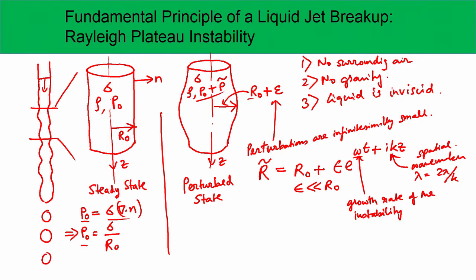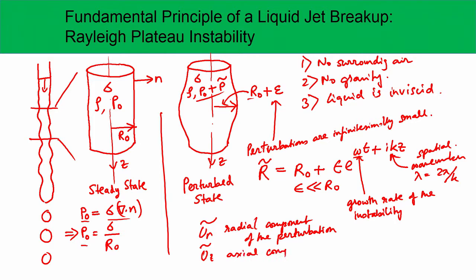The radial component of velocity will also have a perturbation u r tilde, which is the radial component of the perturbation, and u z tilde is the axial component of the perturbation, and similarly p tilde is the pressure perturbation, as you have seen here.